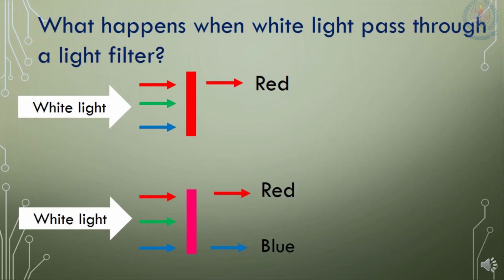Okay children, now let's see what will happen to a beam of light when it tries to pass through a light filter. To understand easily, let's assume the three primary colors, red, green and blue, which when we take together make white light, pass through the red color filter at once, and they pass through the red color filter separately.